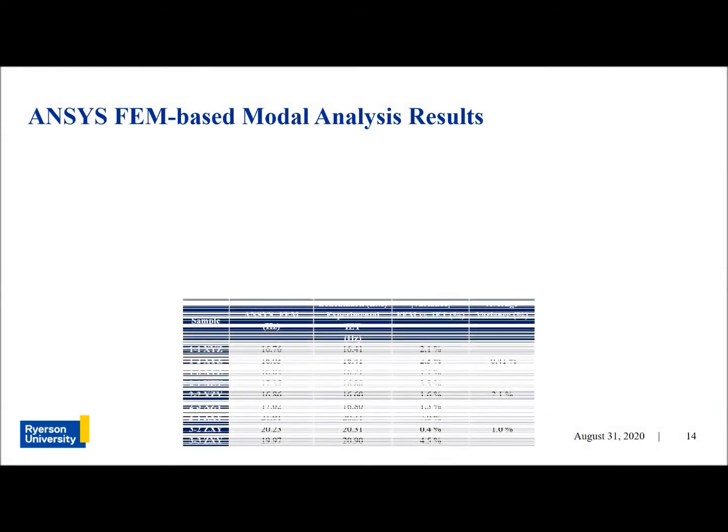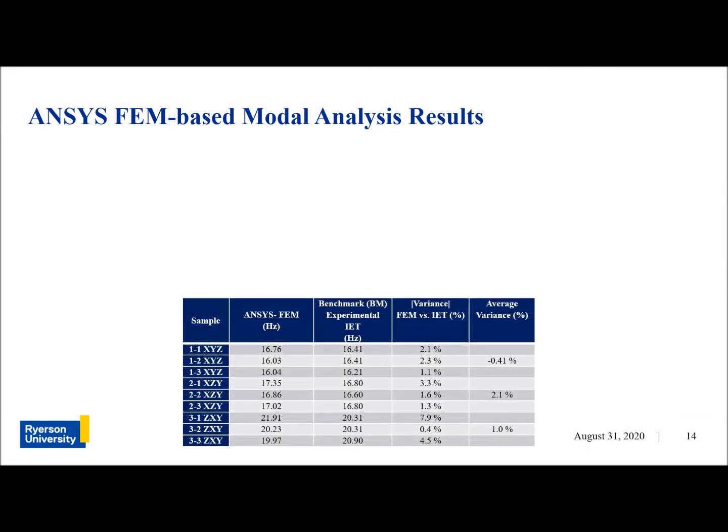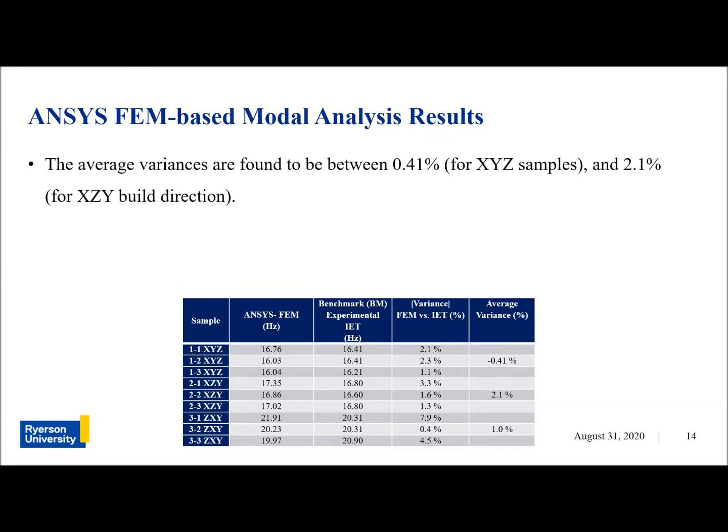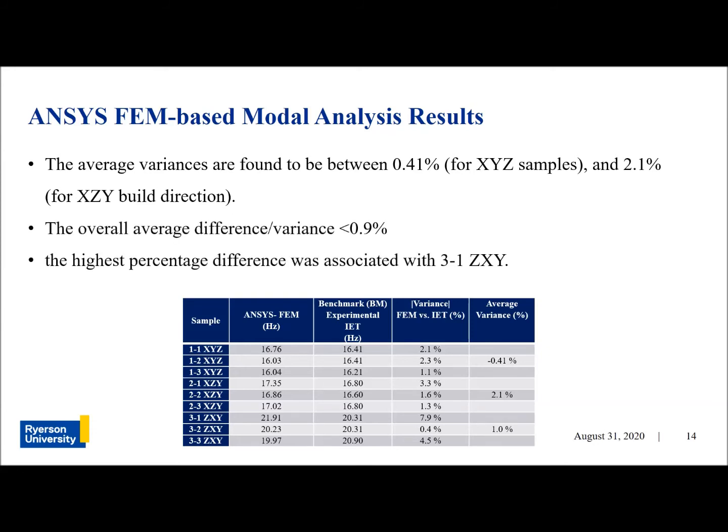The table below represents the fundamental frequencies obtained through both simulation, ANSYS FEM-based, and experimental vibration-based tests. In general, the average variances were found to be between 0.41% and 2.1%. The overall average variance was found to be very small, less than 1%.